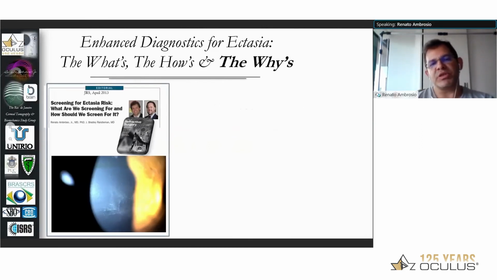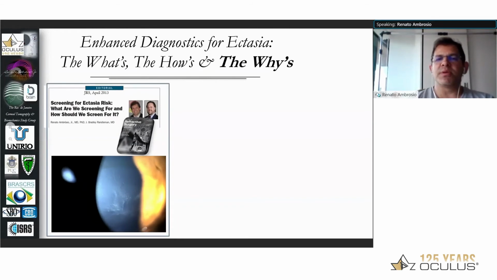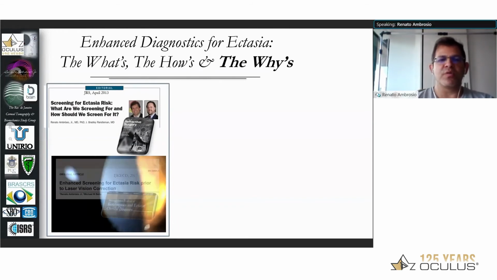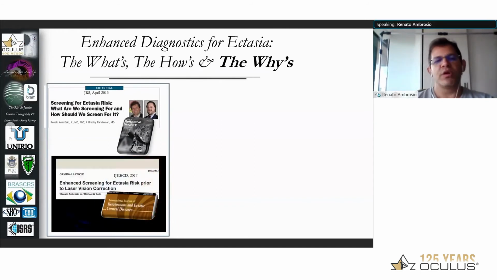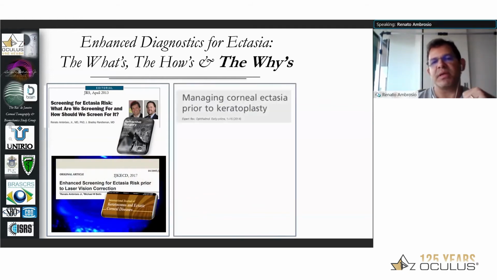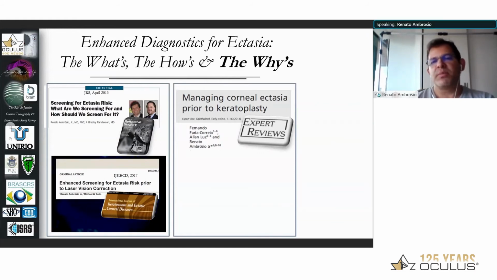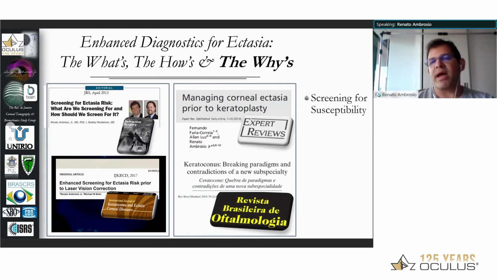Multimodal corneal imaging is going beyond but not over the detection of keratoconus or the enhanced ability to characterize ectasia susceptibility, which is different when you do therapeutic procedures in patients with true keratoconus and ectatic diseases. We broke the paradigm, so we have to understand that the screening for ectasia susceptibility is different than diagnosing ectasia and eventually staging the disease and doing the follow-up.